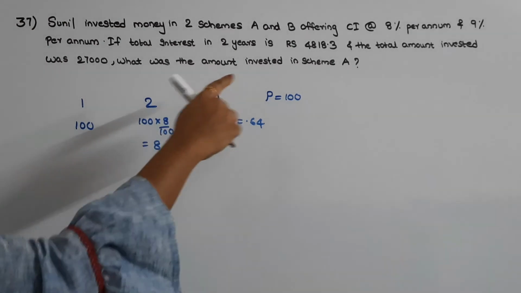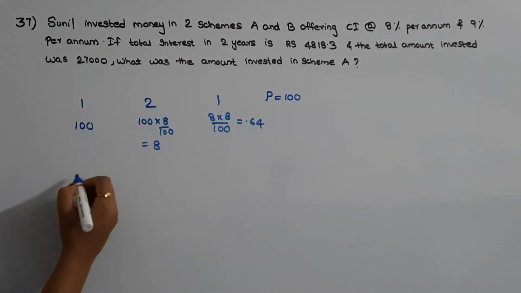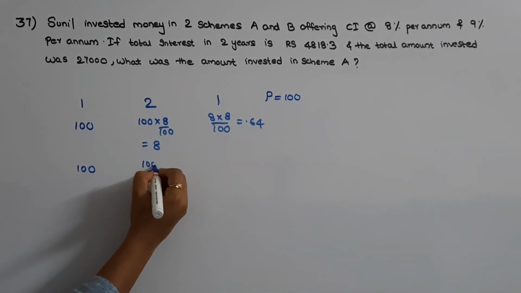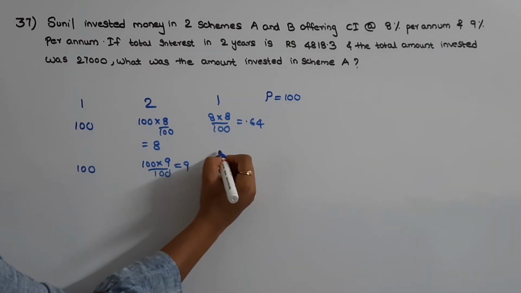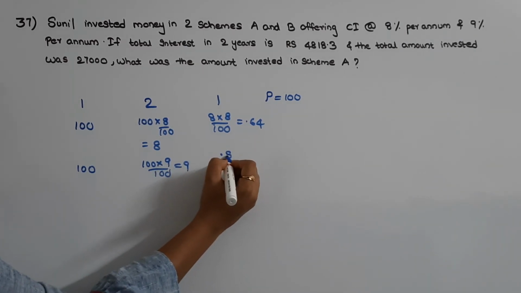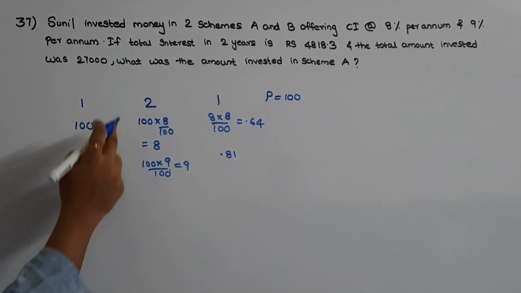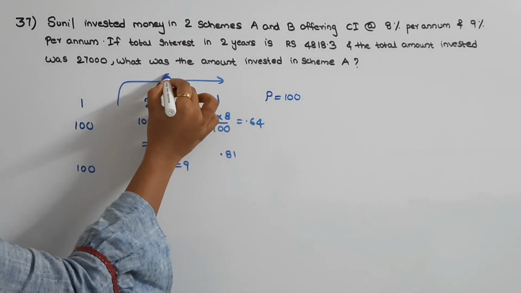Now let us find this for the rate 9%. Then also it is 100. Below this 2 we write 100 into 9 by 100, that is equal to 9. Then 9 into 9 by 100 will be equal to 0.81. Now what will be the compound interest in the first case? I told you this full part is for compound interest.